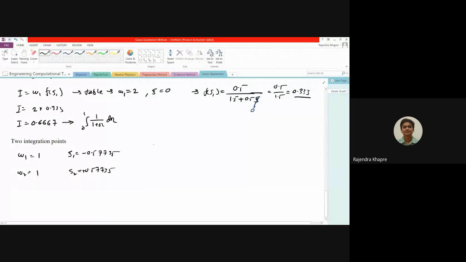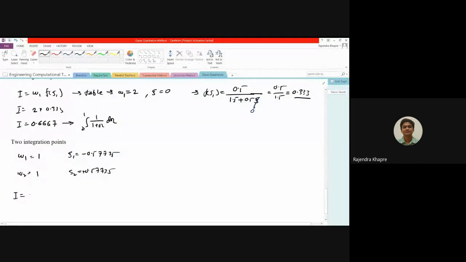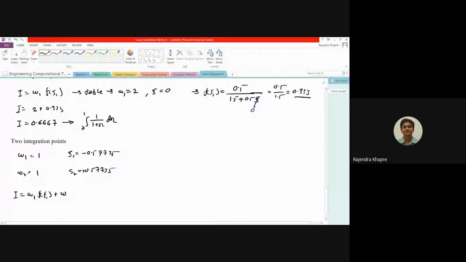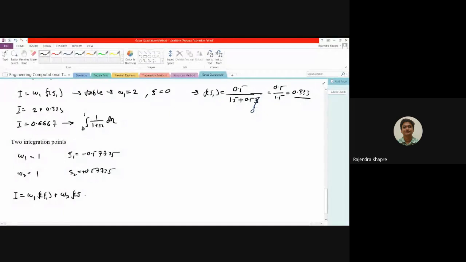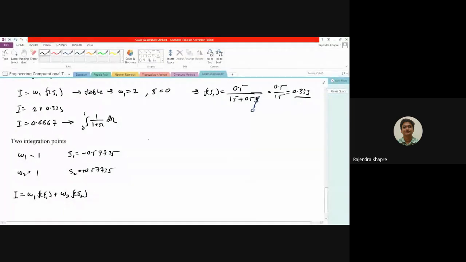Okay, so now the solution of this integration is nothing but I is equal to w1 times f of xi1 plus w2 times f of xi2. That's it. For this purpose you need to know what f of xi1 and f of xi2 are, because w1 and w2 are already defined in the table.